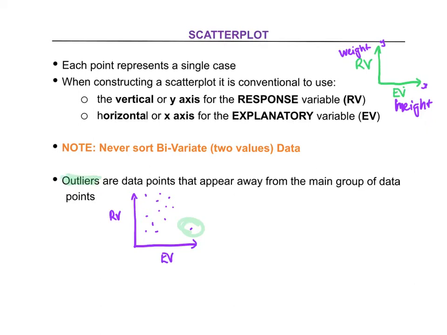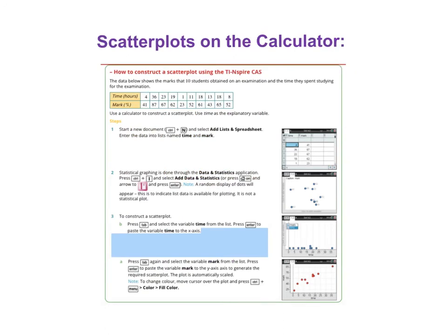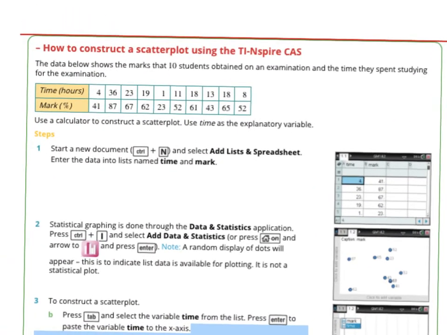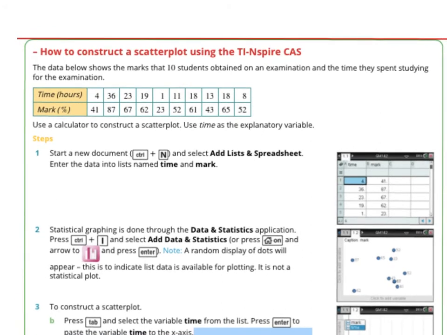All right, so we are going to do the scatter plots on the calculator. If you have a look here, if I zoom in a bit, we've got our two lists, and we're going to go to the calculator in a minute and I'm going to show you, but your instructions are there. We have collected data from 10 students: the data below shows the marks of 10 students obtained on an examination and the time spent studying for their exam.